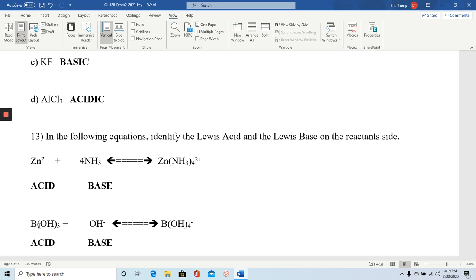And so this actually only has 6 valence electrons around the boron. It does not have an octet. When it forms the borate ion, then boron has a full octet. So this is the acid and this is the Lewis base.